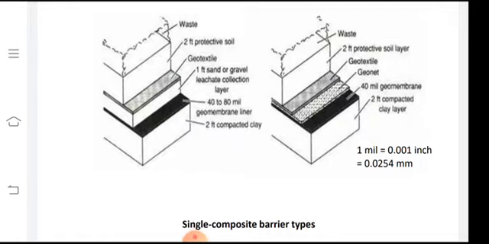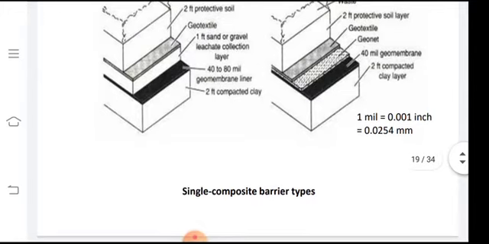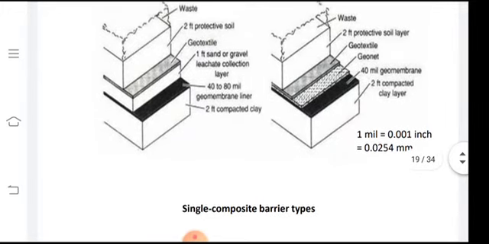This is the unit for measuring the thickness of sheets, polythene sheets, geomembrane sheets, any kind of sheet. 1 mil is equal to 0.001 inches, so a 1,000th part of an inch. This is how we measure the thickness of geomembrane liners. And then we have a geonet added in this case, which is going to protect.